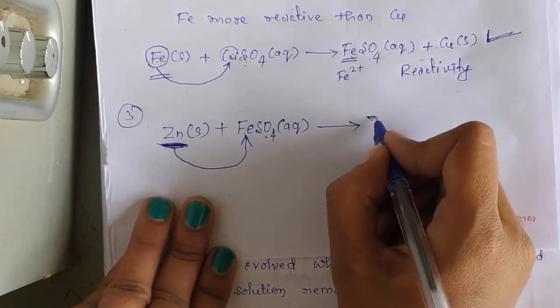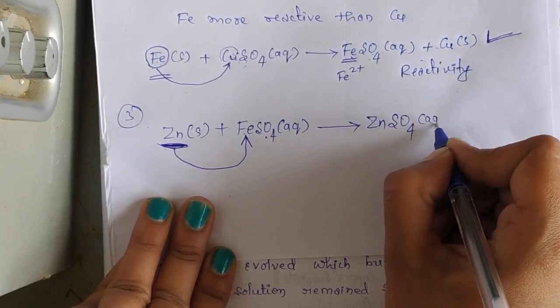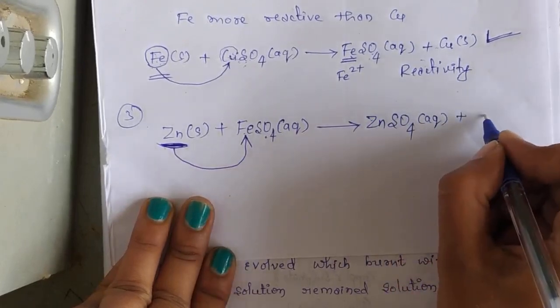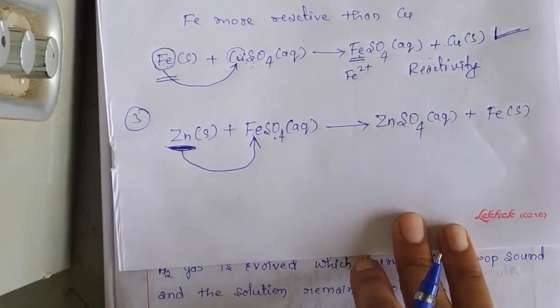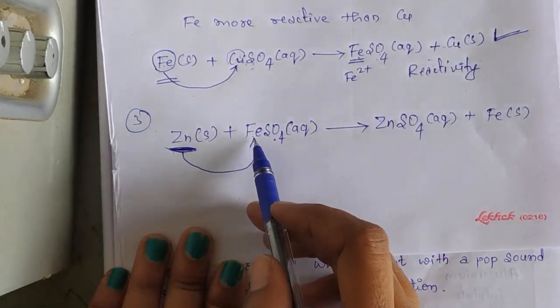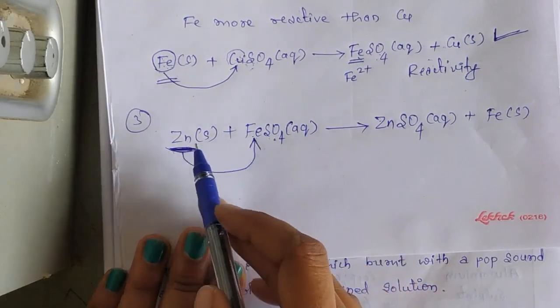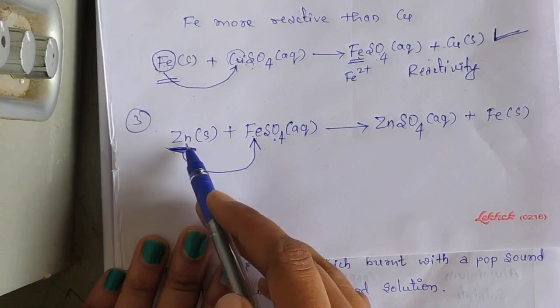As a result, we'll get zinc sulfate solution and iron.